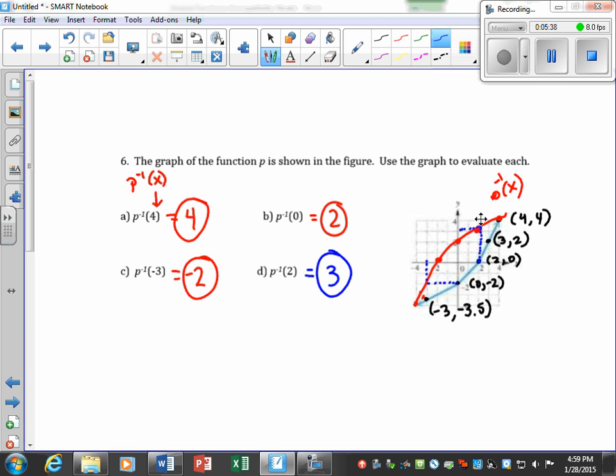So then I created this red graph, because all of the evaluations they asked me to do were based on my red graph, which is p inverse of x, right here, this red one. That's where I answered all my questions. To evaluate this, when x is 4, they want to know what the y value is. And that's how you would approach something like that.